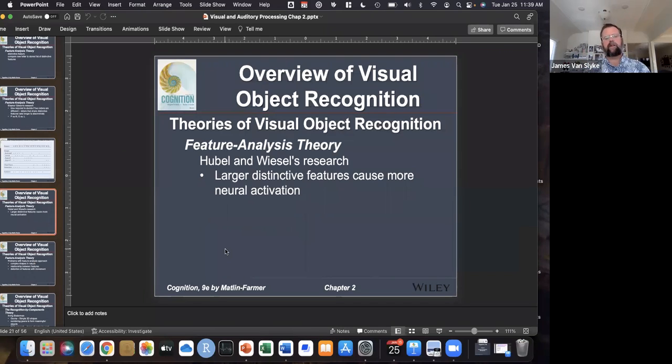Now, it was also the case that Hubel and Wiesel noticed something very similar, and that was that larger distinctive features cause more neural activation. Meaning that the bigger the distinctions were between two things, the more neural activation you had, thus signaling a bigger distinction between the two things you're looking at.